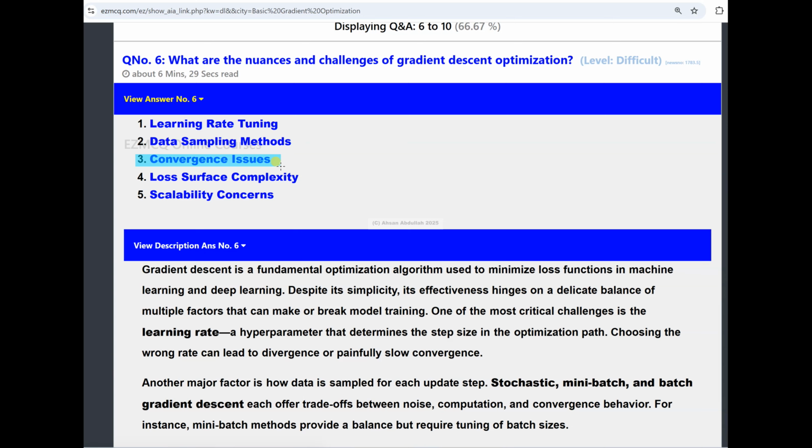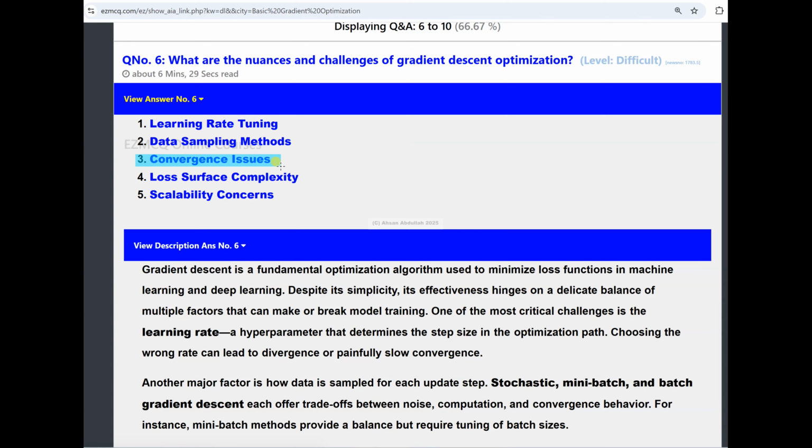And of course, if it's a plateau, deep nets face the vanishing gradient issue, and there is also something called exploding gradients, which has a long-term effect across all the layers if it happens in the early layers.